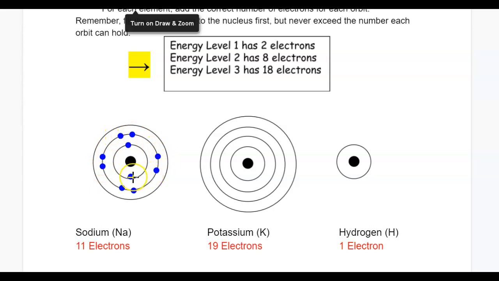And then we have the 2 that are closest to the nucleus, 9, 10. But we need 11. So we're going to come out here to the third energy level, the third energy shell, and add 1 more electron. So as you can see, the first shell can hold 2, the second can hold 8, and this third one out here can hold a lot more, but we only need 1 out there.